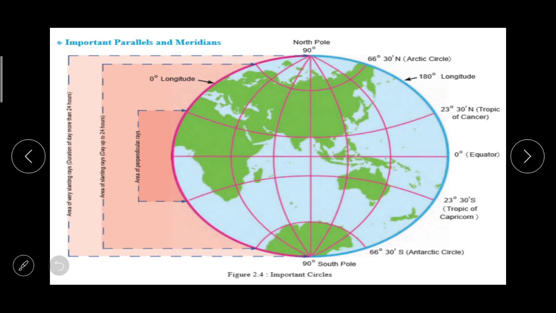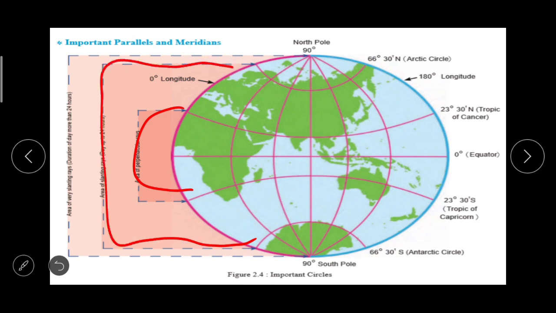Here now area of perpendicular rays, then area of slanting rays, that is day up to 24 hours, here this one, and then the area of very slanting rays, that is duration of day more than 24 hours, this one.